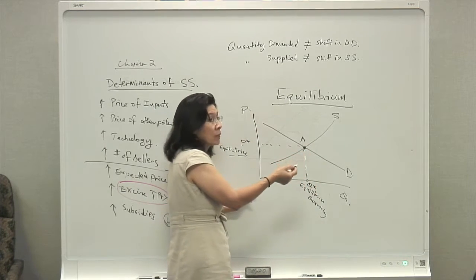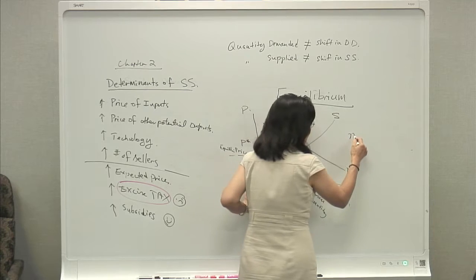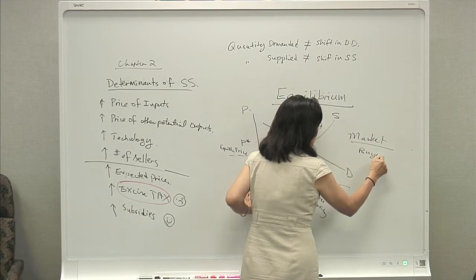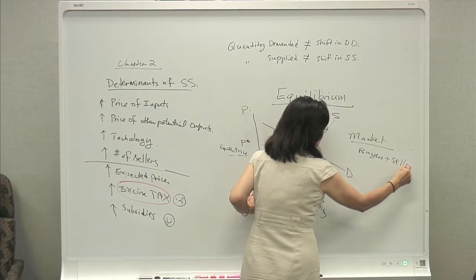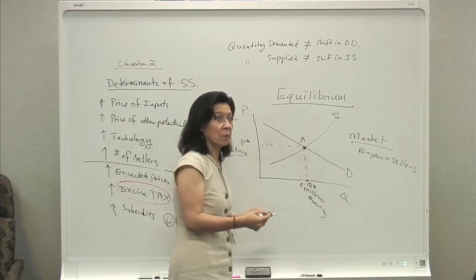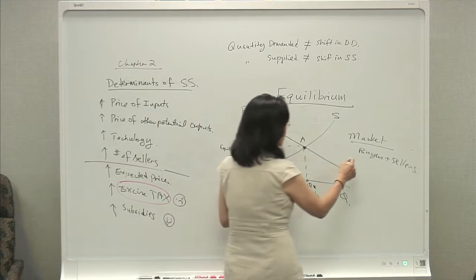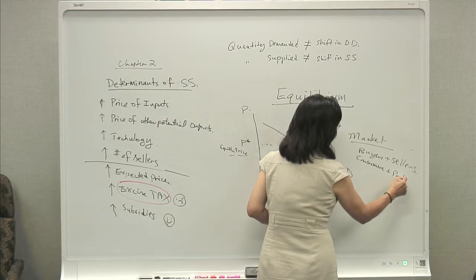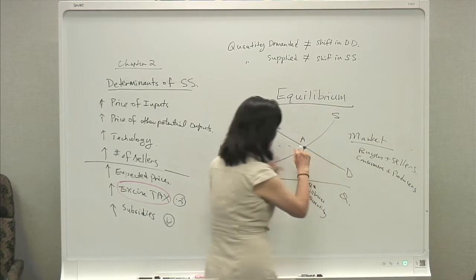So now you could truly call this a market. That is buyers plus sellers. Or you could say consumers plus producers. Because before, remember, you do not see these two lines intersecting.